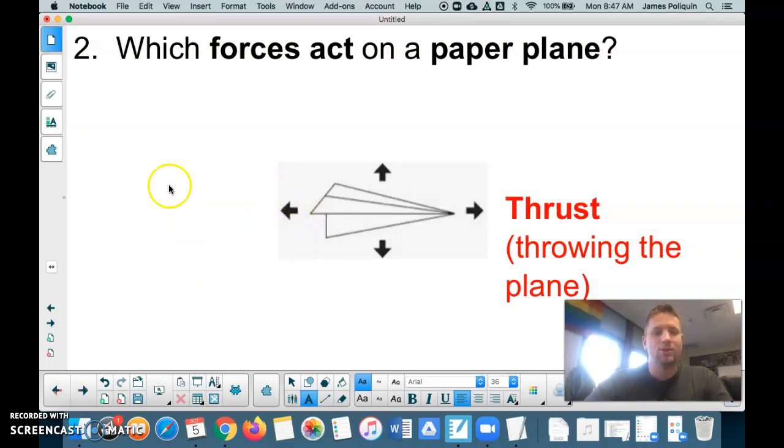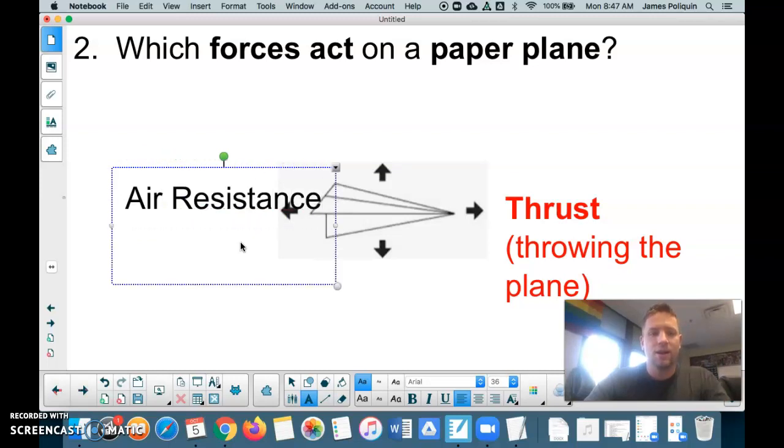This force goes by two names. What slows our plane down? Well, what is the plane interacting with? The plane is interacting with the air. And so this backwards force has two names. It has air resistance, and it's also known as drag.